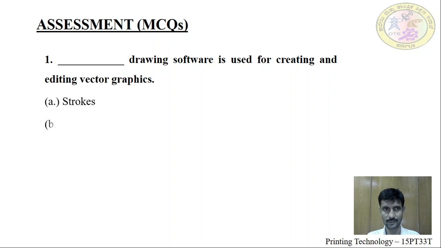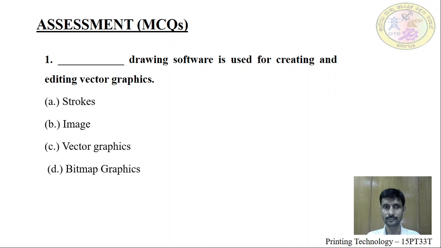First is strokes, image, vector graphics, bitmap graphics. So what is the answer? Clue I have given. For example, Adobe Illustrator and CorelDRAW are freehand software. Okay. Next question.